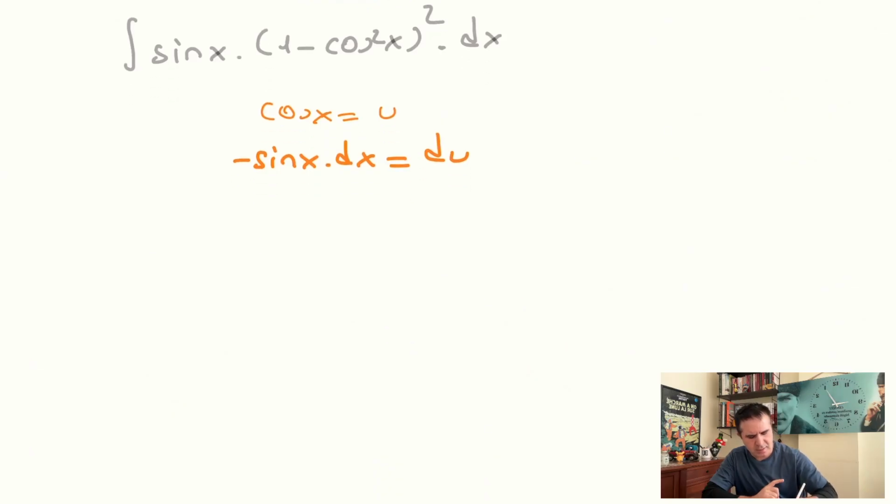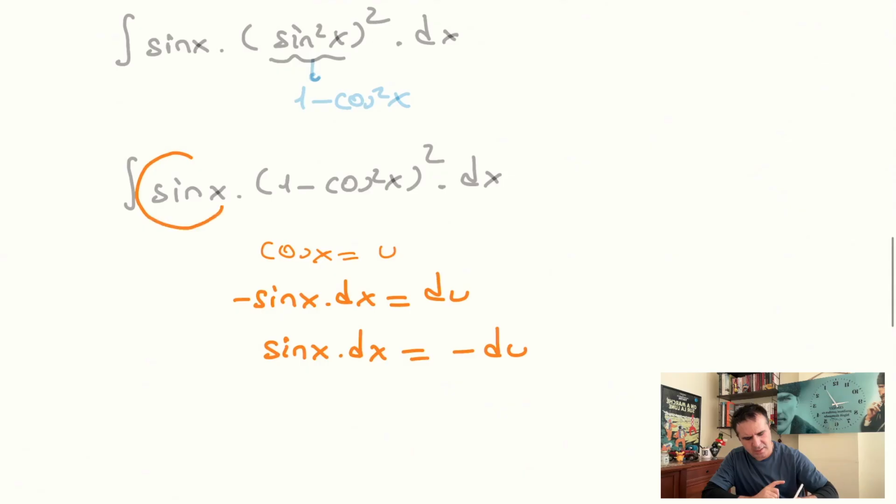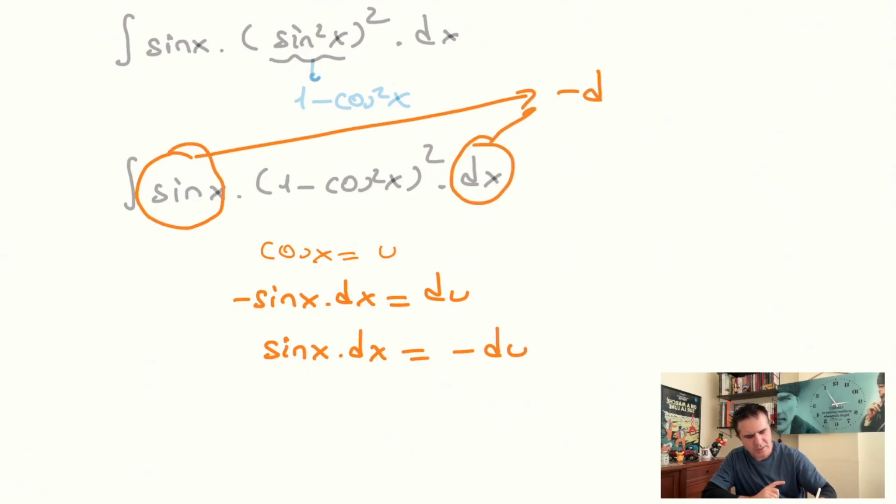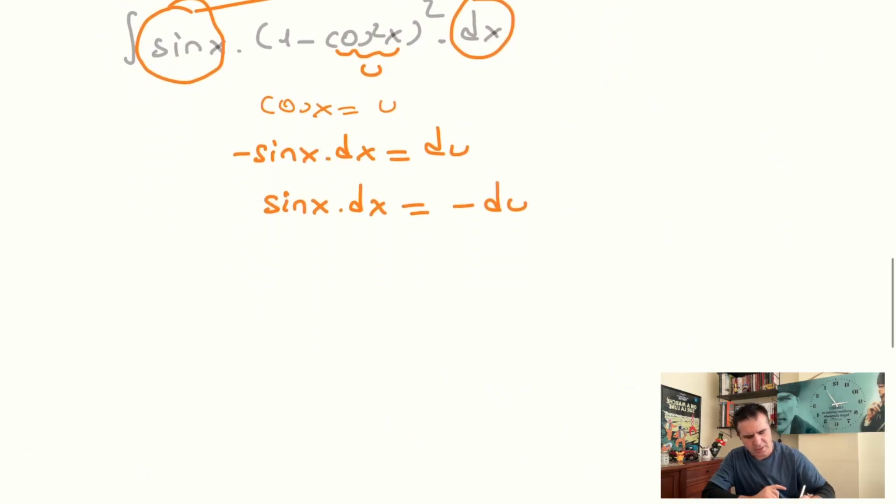This means sine x times dx equals minus du. Then here sine x times dx will be minus du, and we will write u instead of cosine x, and our integral becomes 1 minus u square, squared, times minus du.